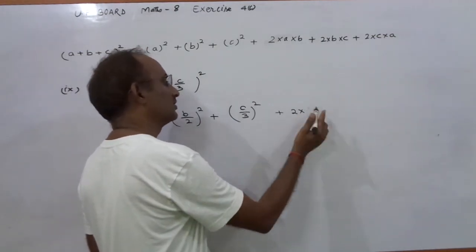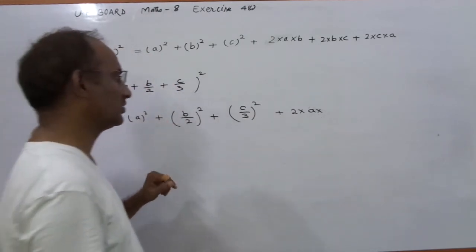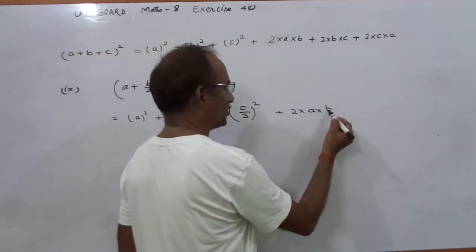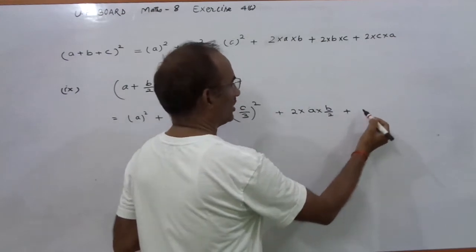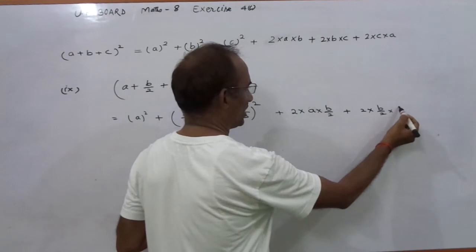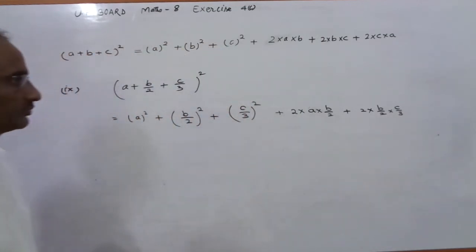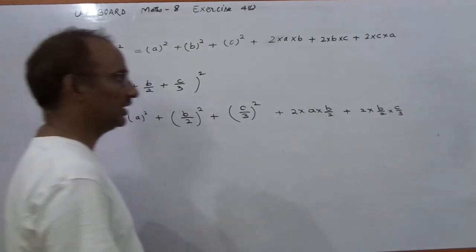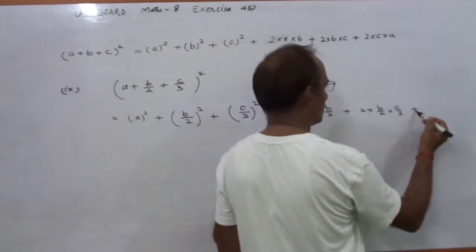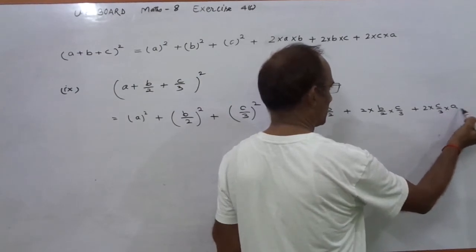The first term is a and the second term is b by 2. So here we write b upon 2 and plus twice b upon 2 into the third term c upon 3, plus 2 into c upon 3 and the first term is small a.